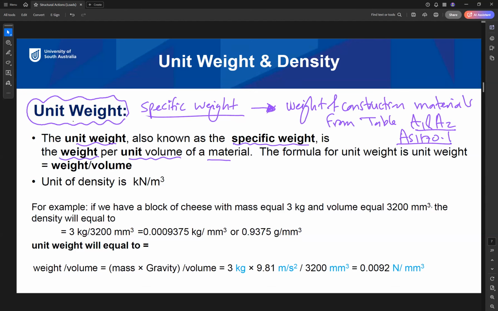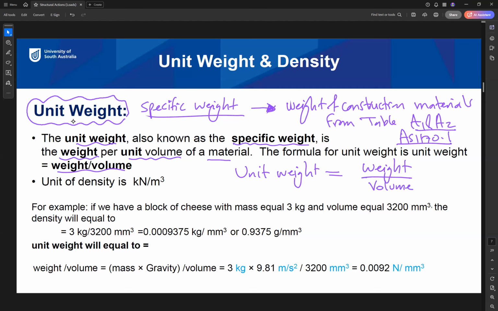So whereas density was mass per unit volume, the unit weight is weight per unit volume. So the formula will be unit weight equal to weight per volume.